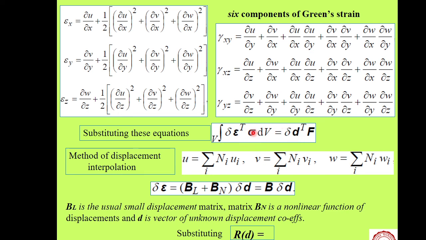Here this is formulated through some energy term. In the left hand part, this is the energy stored in a volume element, total volume, and this part is the work done by the applied forces. And what is done on that, it is the total strain energy and the total work done, they are equated.